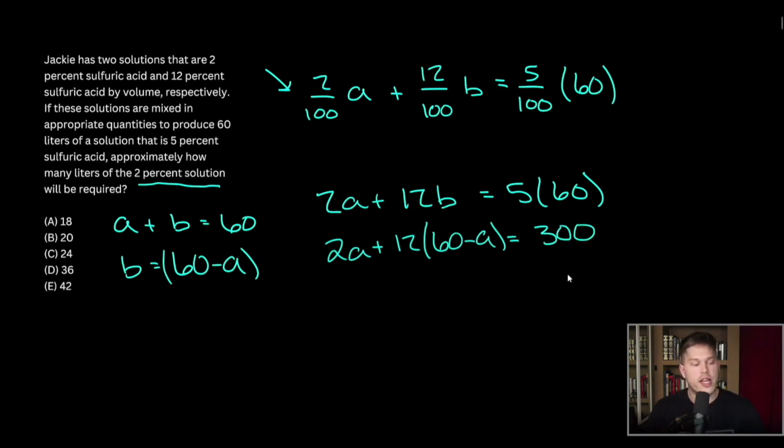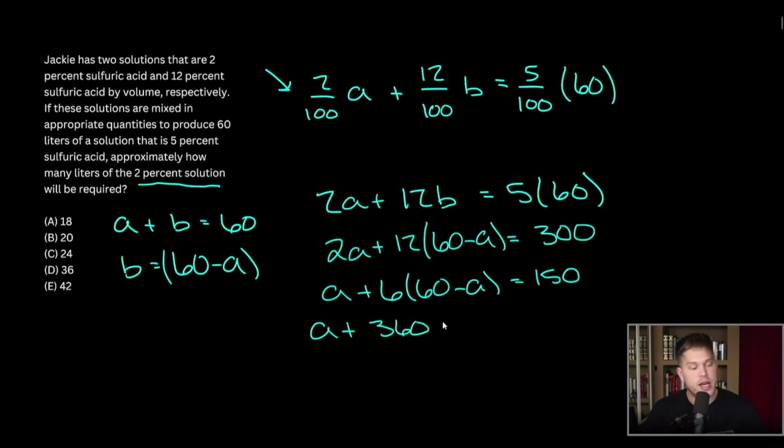Next, we can go ahead and divide by 2, and we'll be left with a plus 6 times 60 minus a is equal to 150. And then we can distribute, and we would have a plus 360 minus 6a is equal to 150.